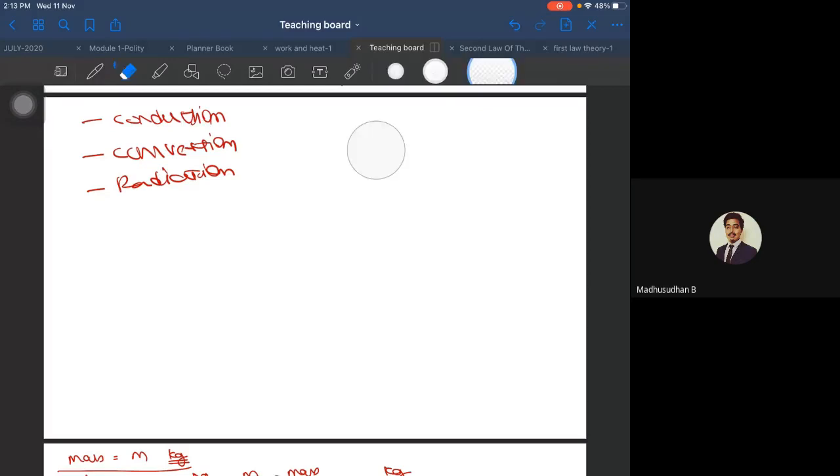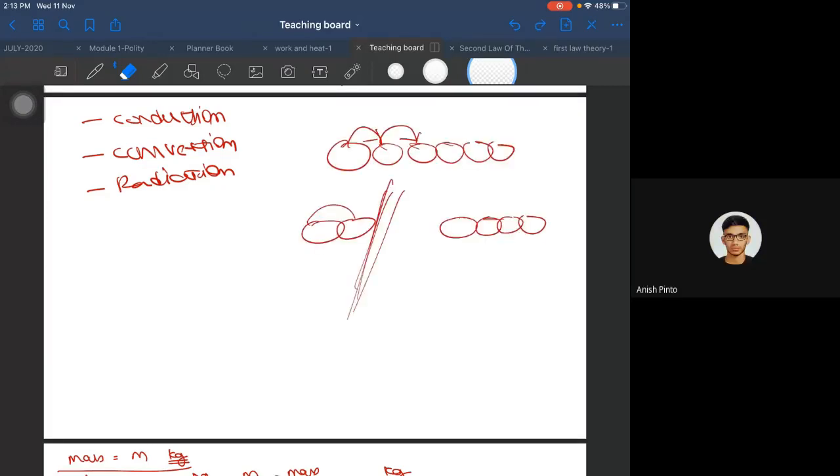First of all, how does the convection process happen? What do you mean by convection? They move molecules. Your voice is not clear.